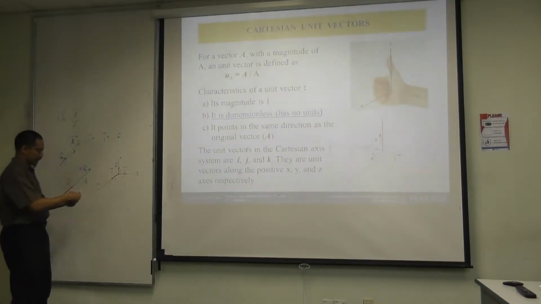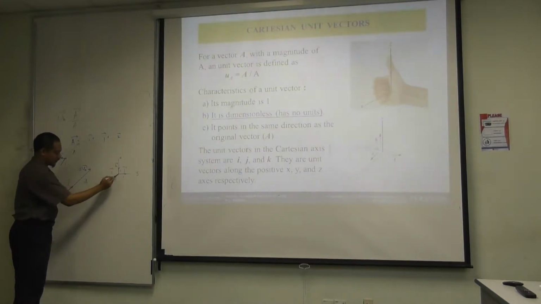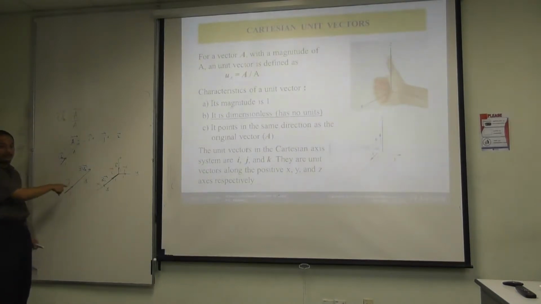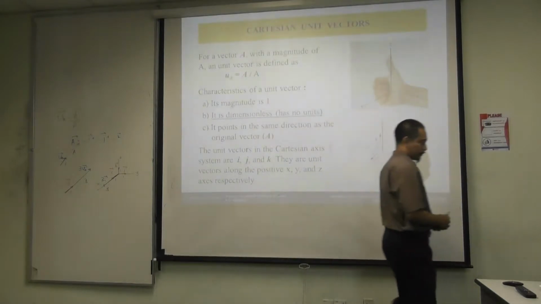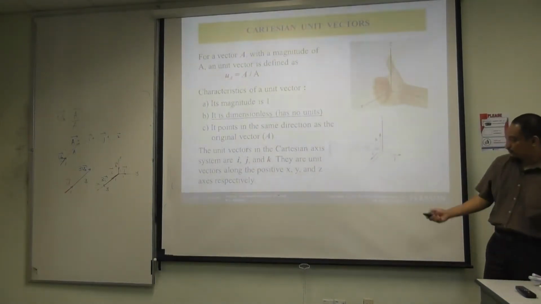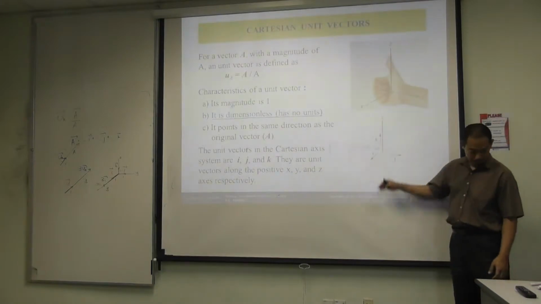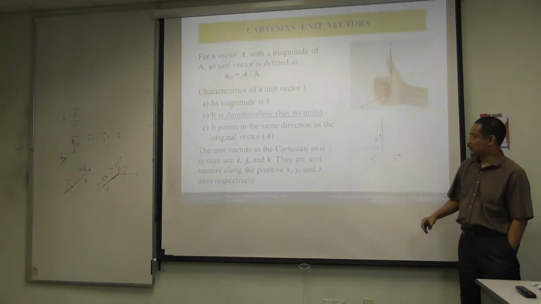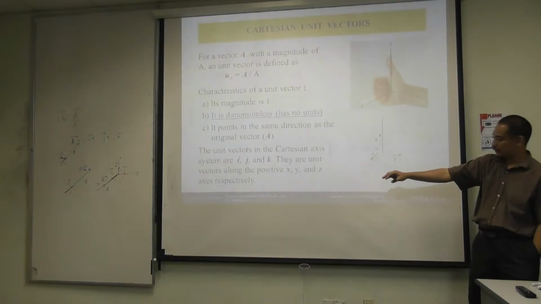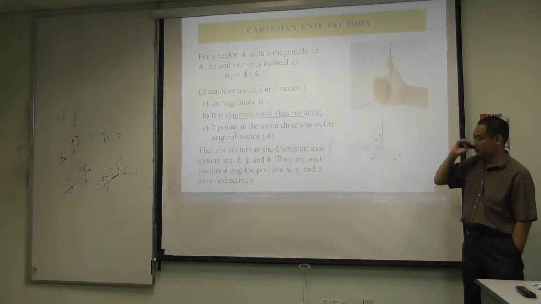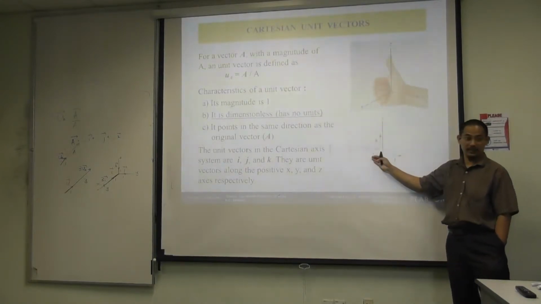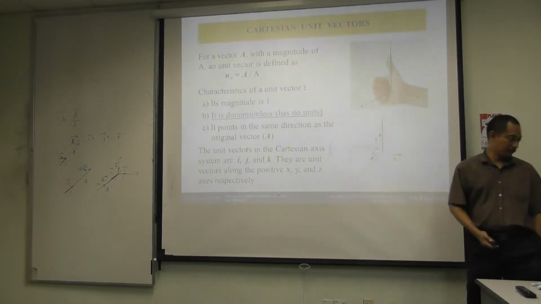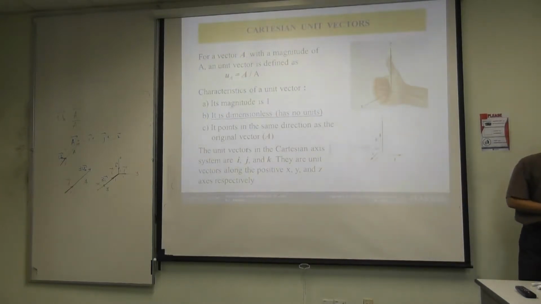So when you have, for example, 3 here, it will become 3i, etc. The same concept as this one. Make sure you understand this one also, because sometimes when you need to find the coordinate vector later on, there's a calculation involved, but sometimes it doesn't need calculation when you know. The question is, what is the unit vector along this line? Straight away it is i. You should understand that already, right? Everyone follow so far?